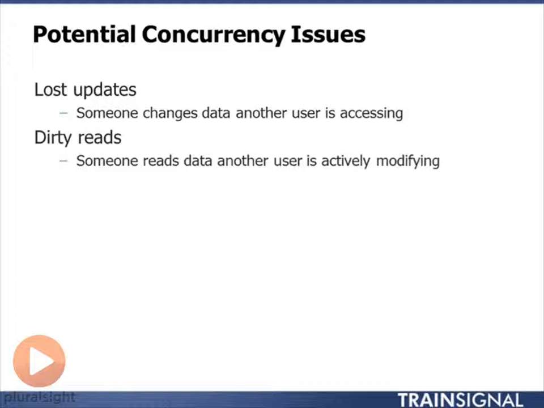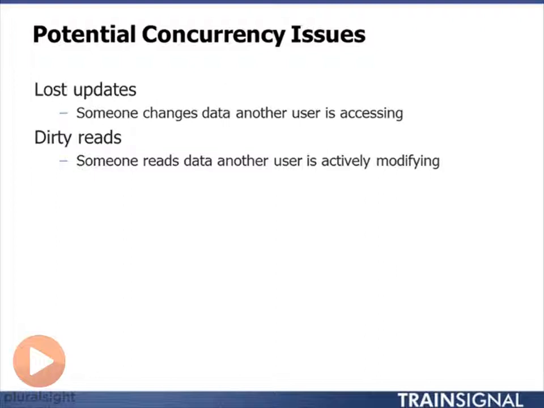The next possible issue that we can run into is what's known as a dirty read. A dirty read is where somebody is reading data that maybe someone else or myself is in the process of trying to modify. The problem with a dirty read is that I'm now going to wind up with inconsistent data.